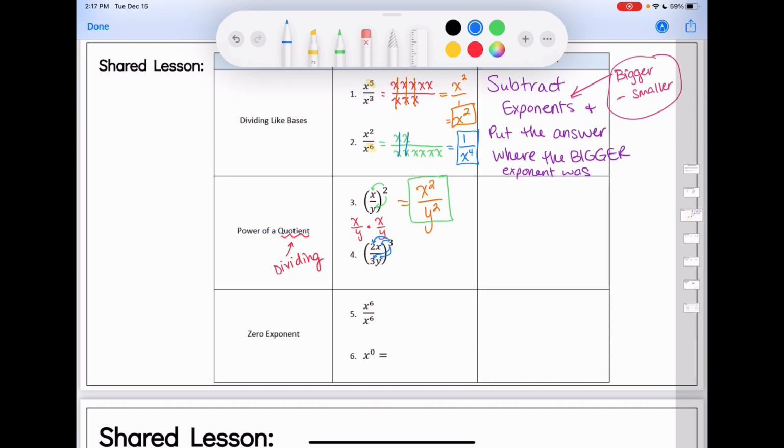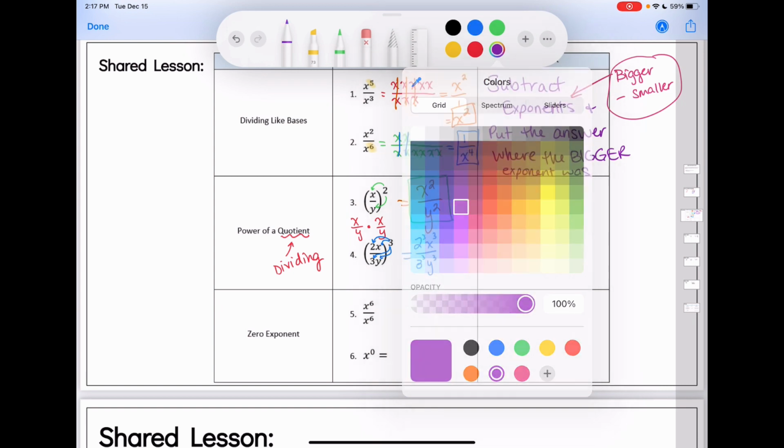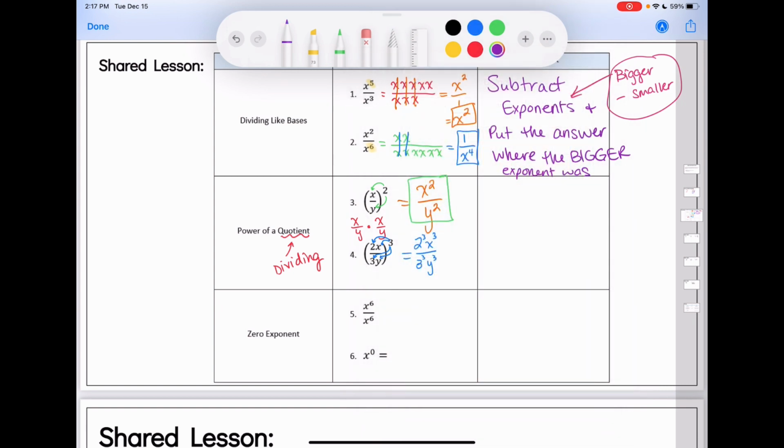It just happens that there's 4 of them, but 2 are on the top and 2 are on the bottom. So it's become 2 to the third, x to the third on the top, 3 to the third, y to the third on the bottom. So you distribute that exponent to every single base, top, bottom, doesn't matter, as long as you have either multiplying or dividing inside the parentheses.